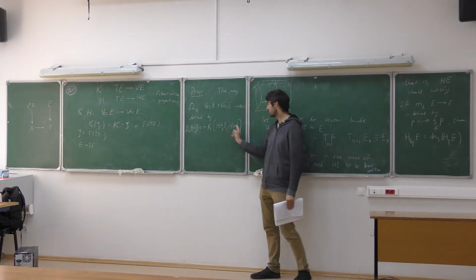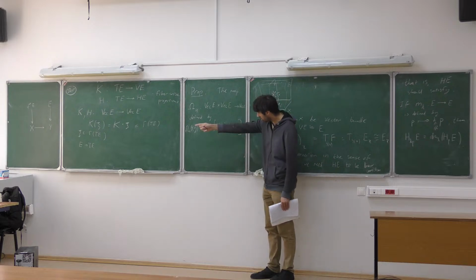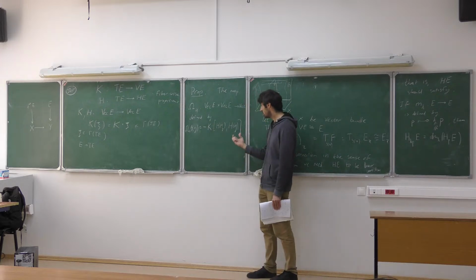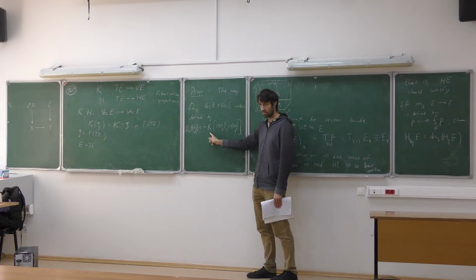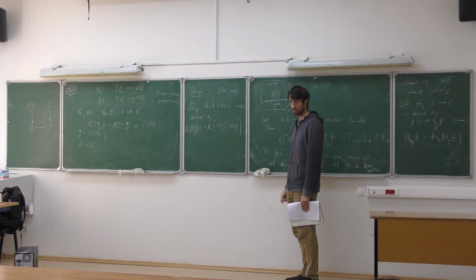I take H of psi and H of eta, again a pair of vector fields on E, compute the commutator, apply K, up to a minus sign. This is what's called the curvature tensor.